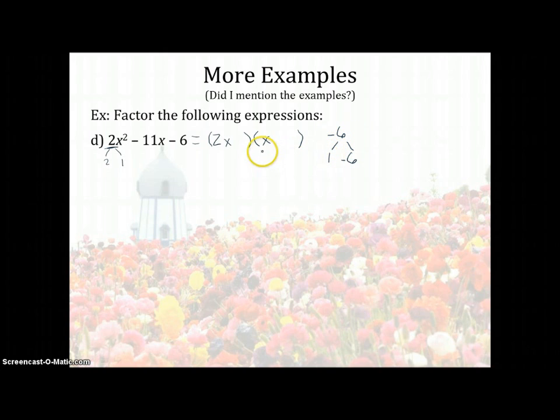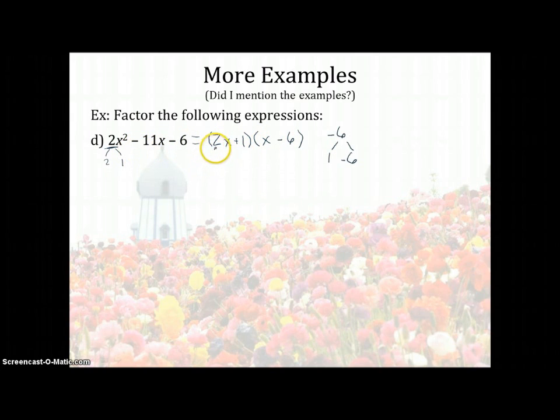But notice now, if I put the negative 6 here and the positive 1 here, I need to multiply 2 times negative 6, which will get me negative 12, and then 1 times x gets me 1x, so that's going to give us negative 12x plus 1x, which will give us our negative 11x.